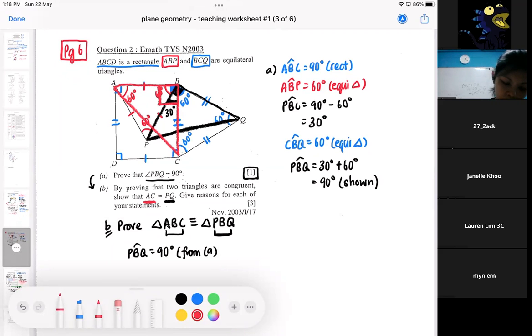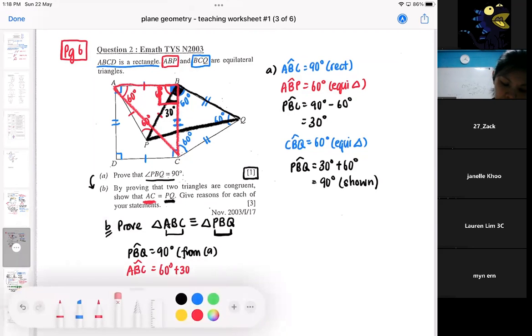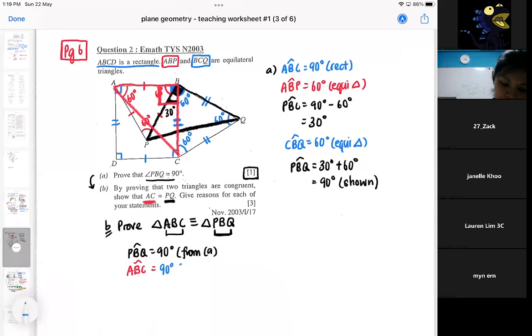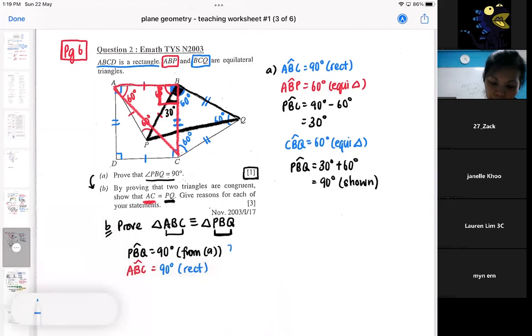You can just go on to explain ABC. You already explained it in the first part. ABC is just a 90 because it came from a rectangle. So that will already give a pair of angles.